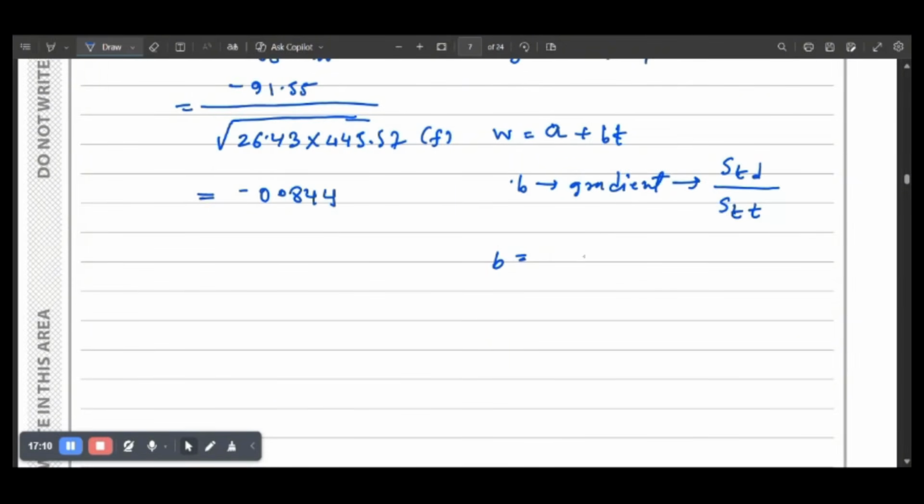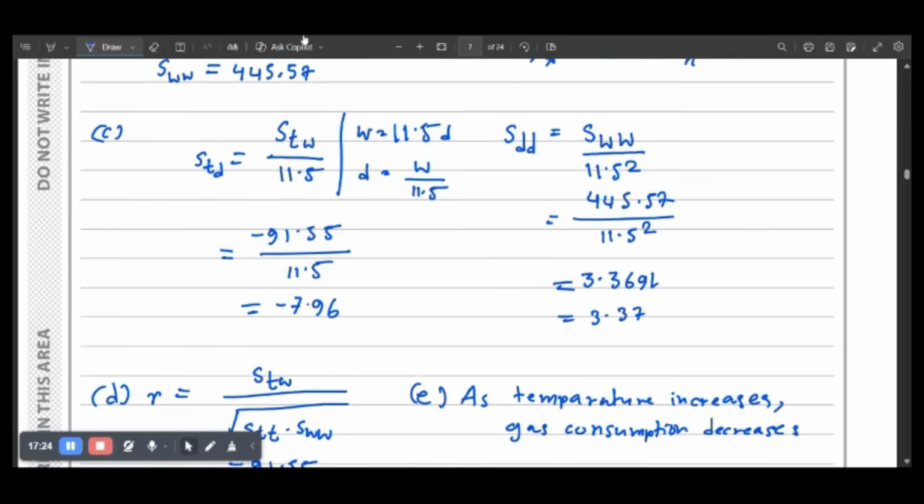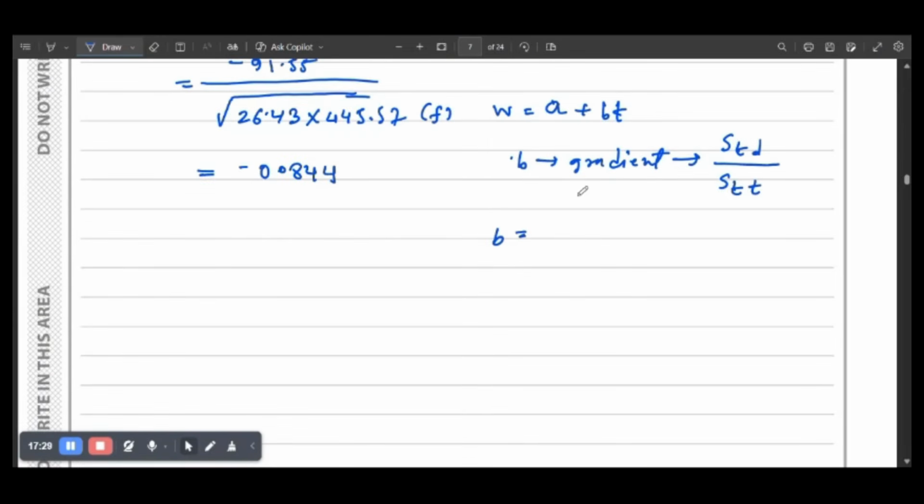To find the gradient, we just input the values in the correct places. I'm sorry, we'll be using STW, because we are forming the line between T and W. So we will use STW divided by STT.